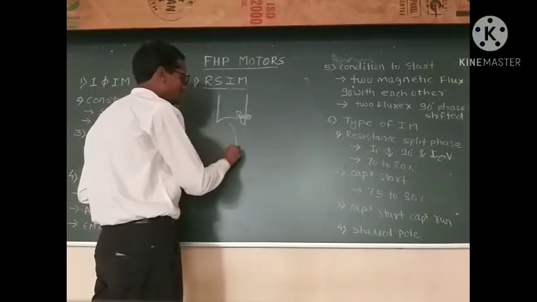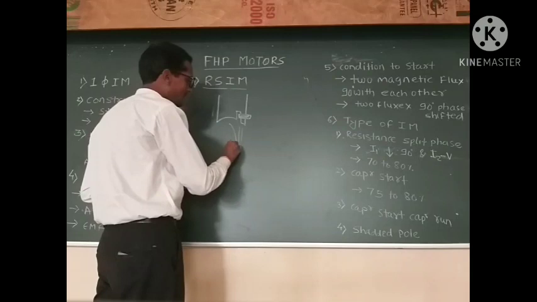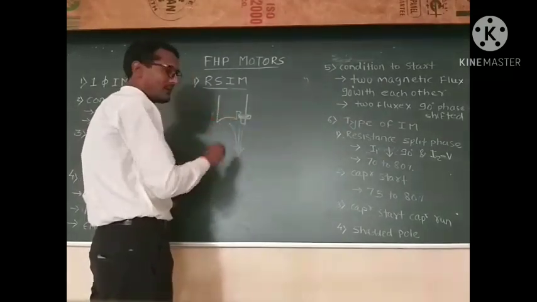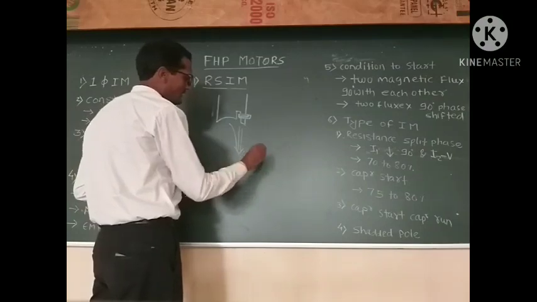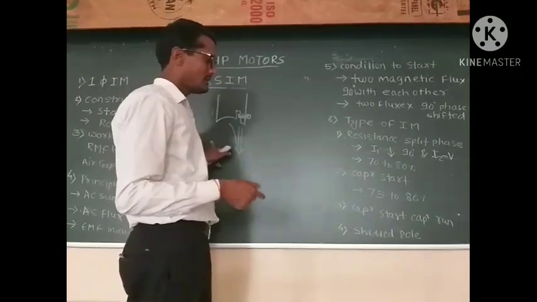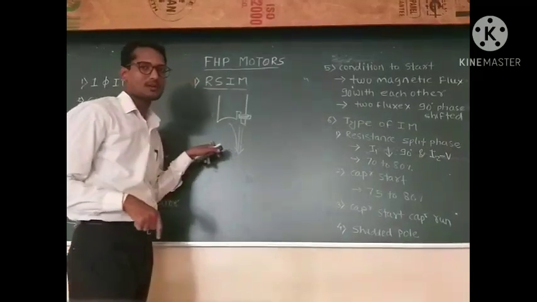So all the flux is concentrated on the shaded band, and the resultant torque is produced in the case of the shaded pole induction motor.